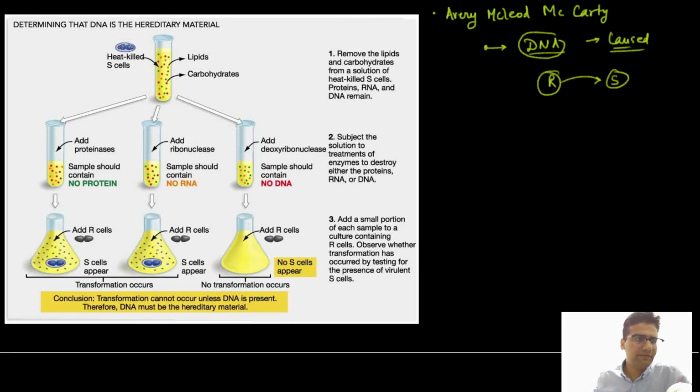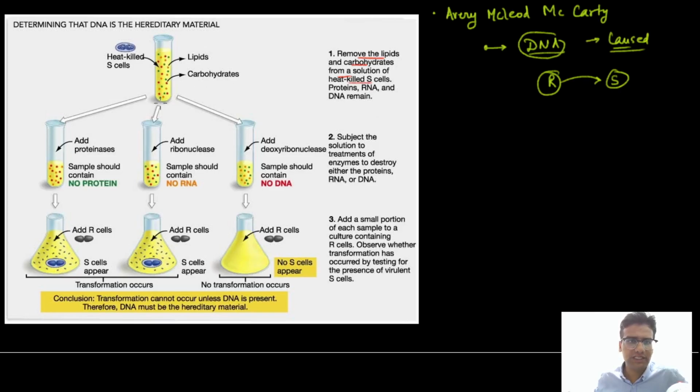Let's talk about this experiment. In the first stage, they removed all the lipids and carbohydrates from a solution of heat-killed S bacteria.